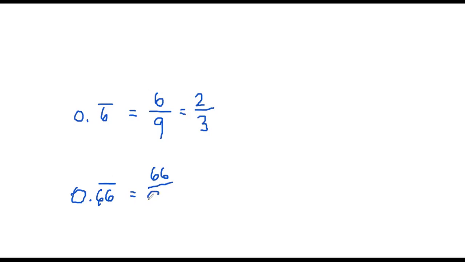So, magiging 66 over 99 siya. Okay? Then, 66 over 99, may lowest term pa din. Pwede natin silang i-divide parehas sa 33. And that is 2 over 3. Okay? So, parehas lang sila. Sagot, 2 over 3 or 2/3.